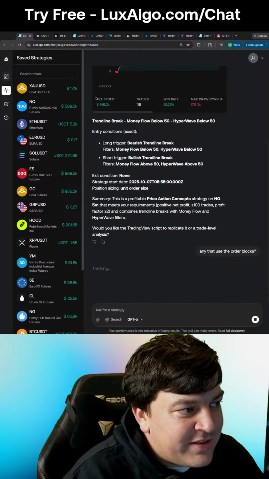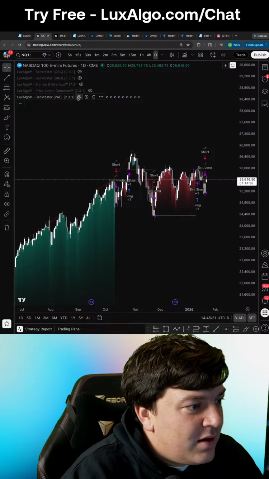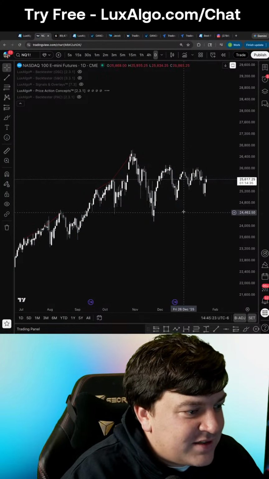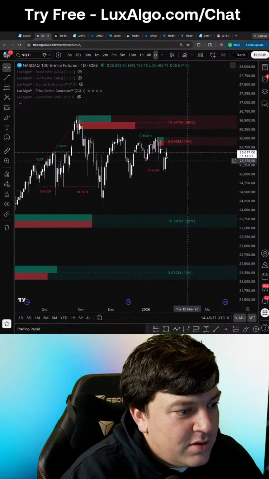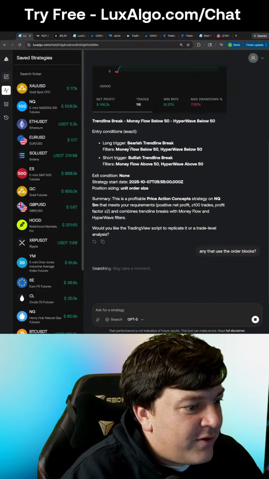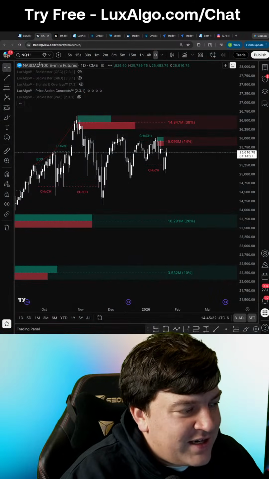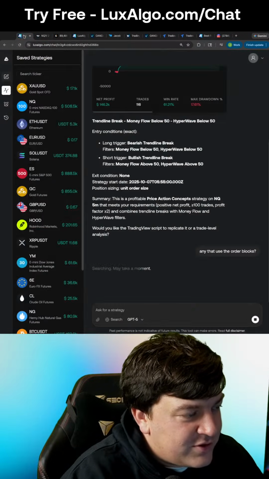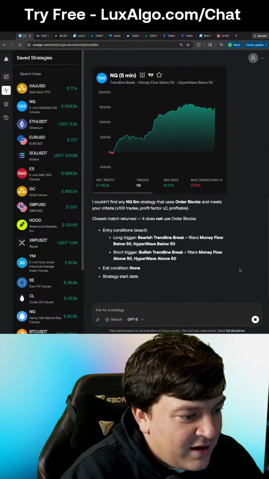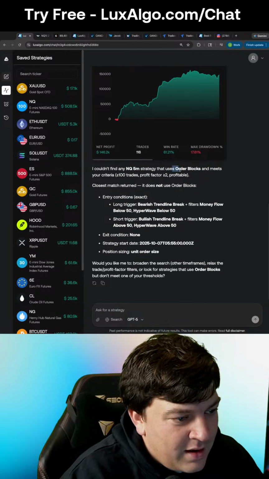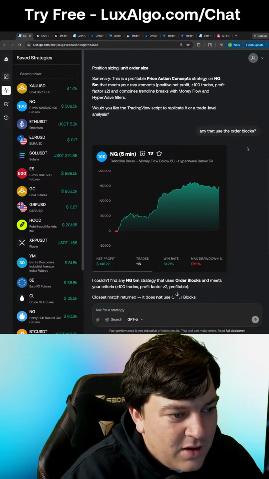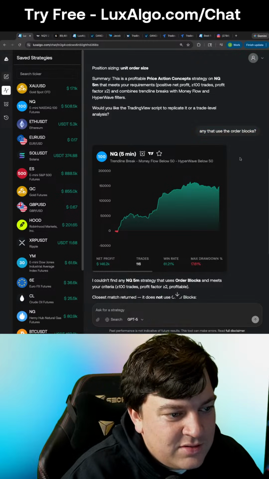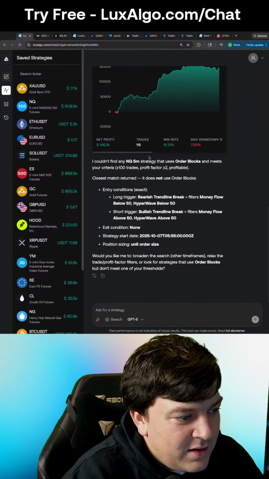This is why having the AI paired with the indicators is key, because the indicator understands every single feature that we have to offer. The AI understands every single indicator feature. So then it starts pairing that. Here I couldn't find any based on my criteria. But if I went through and asked for an order block strategy, it would give you one.